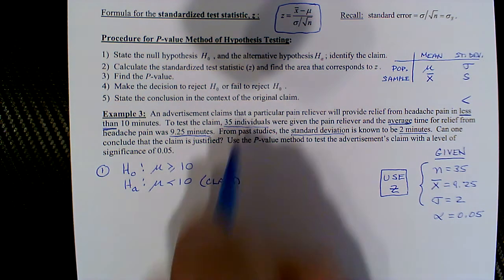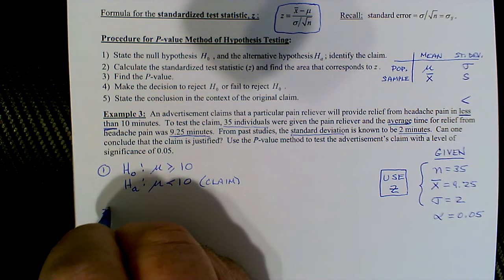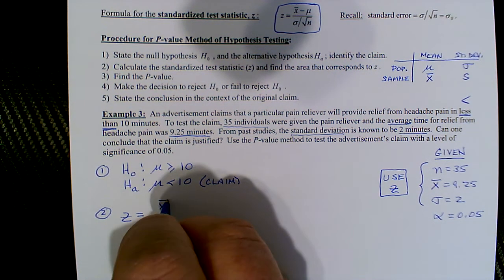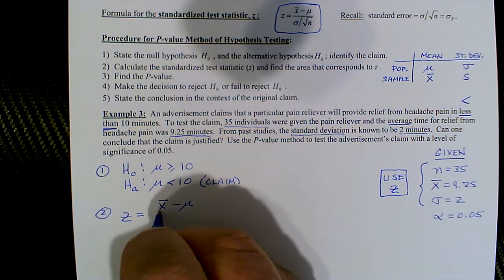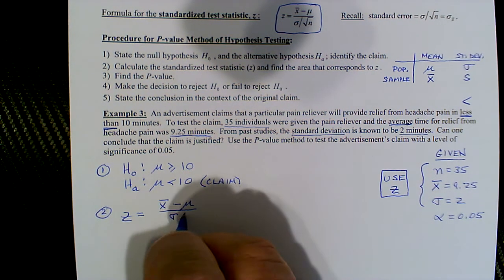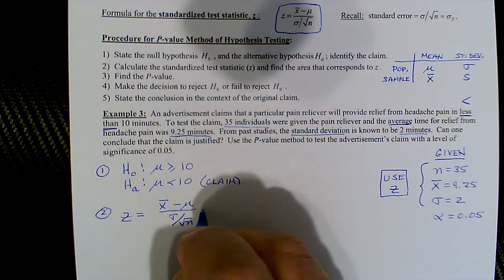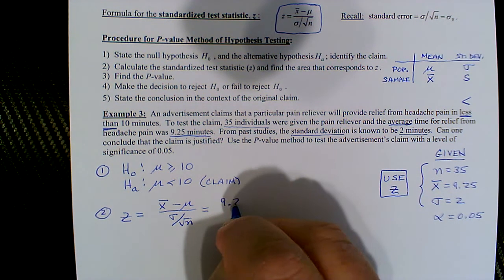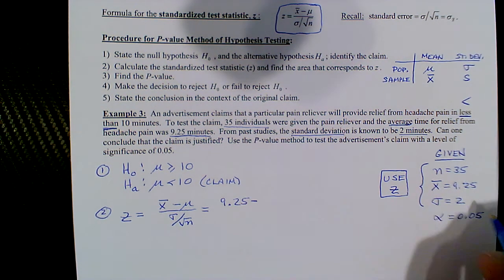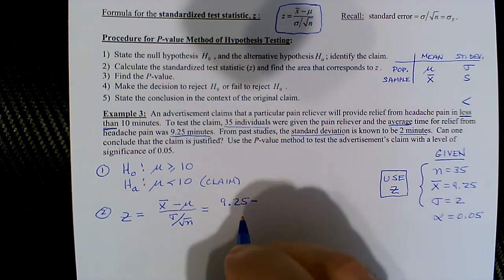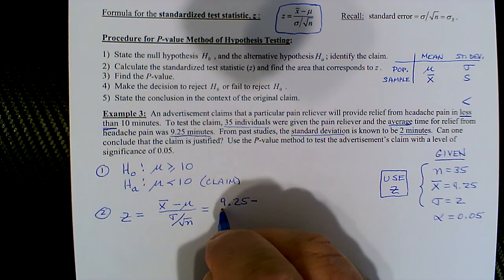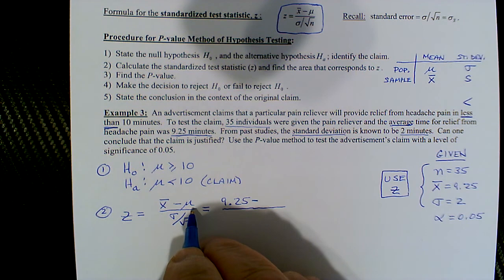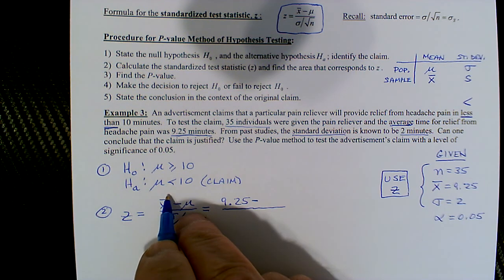Alright, so that's our first step. Second step, calculate the standardized test statistic. So z is the formula again, x bar minus mu over sigma divided by the square root of n. So we have x bar, sample mean 9.25, it's all from the givens, right? Minus, now the population mean mu is always your hypothesized population mean.